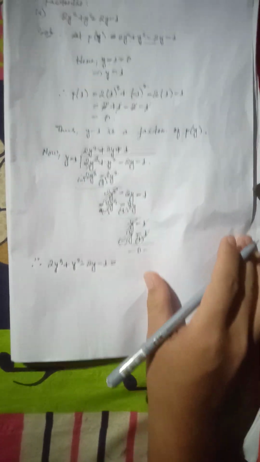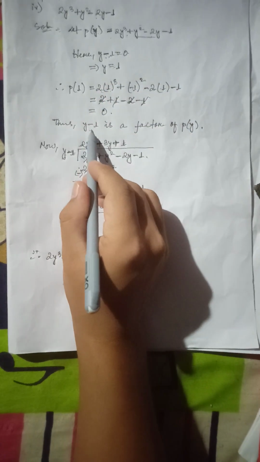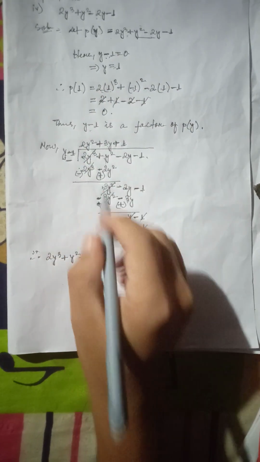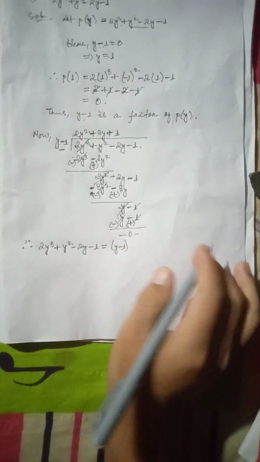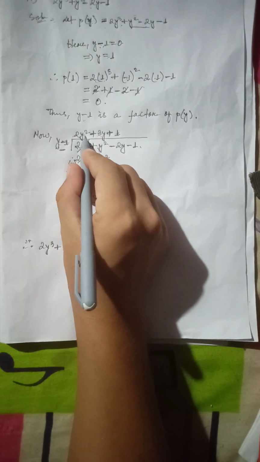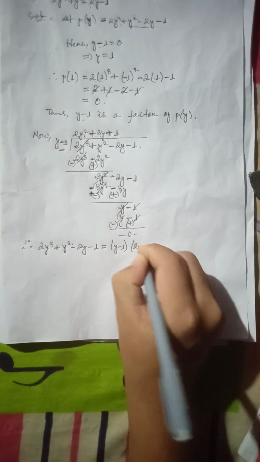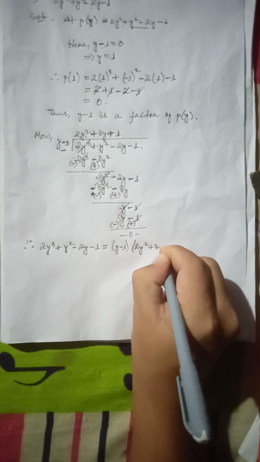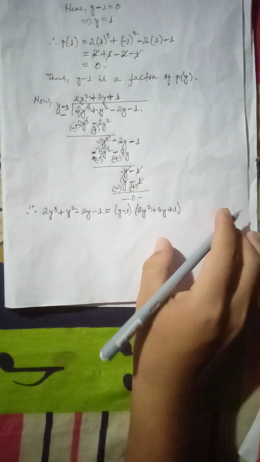And firstly, I have to write this. Since we have this one, first you write the one, and after that, whatever quotient that you've got here, you have to write it.